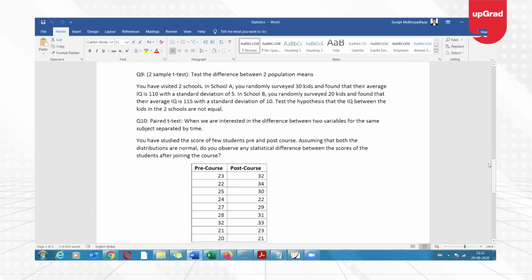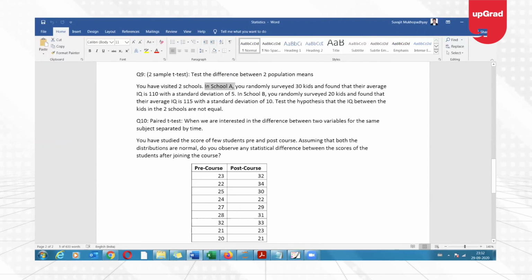Now we'll look at a two sample t-test. This test is significant when we are trying to test the difference between two population means. So let's read the problem. We have visited two schools.